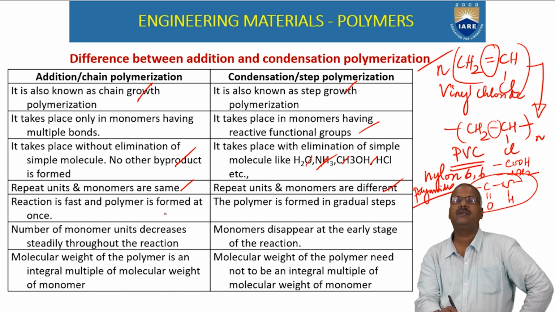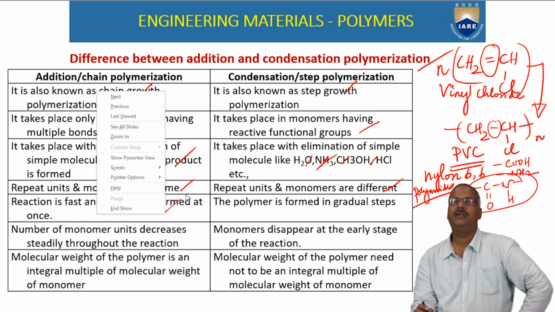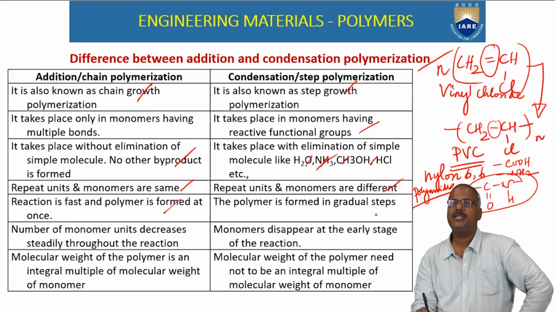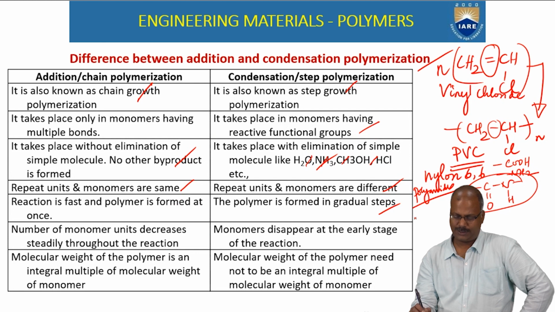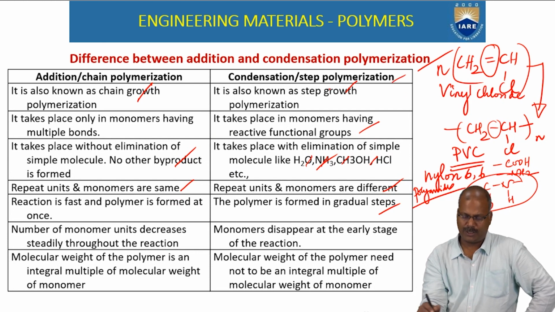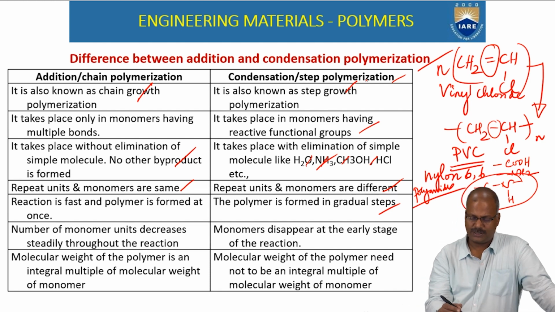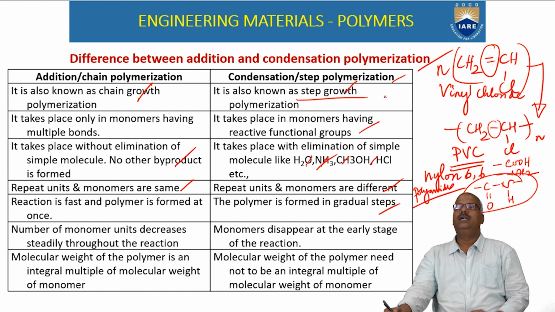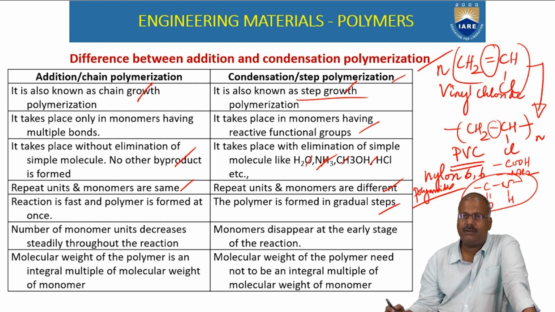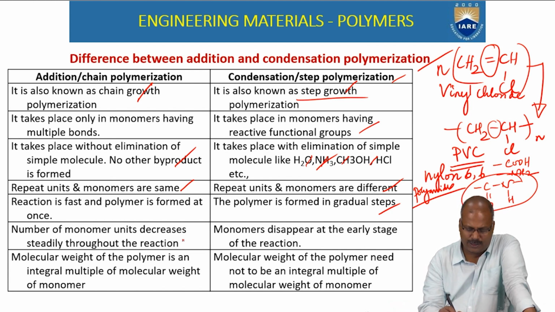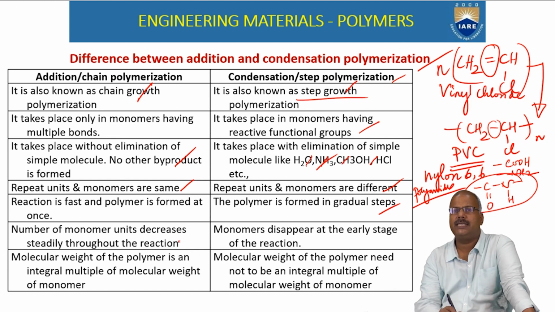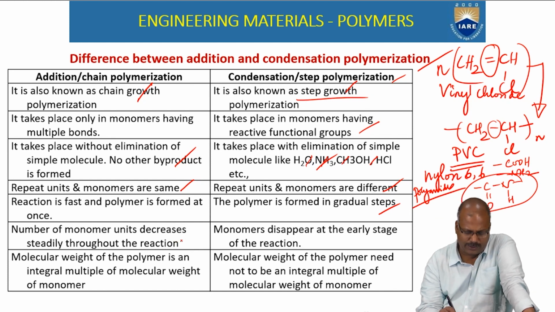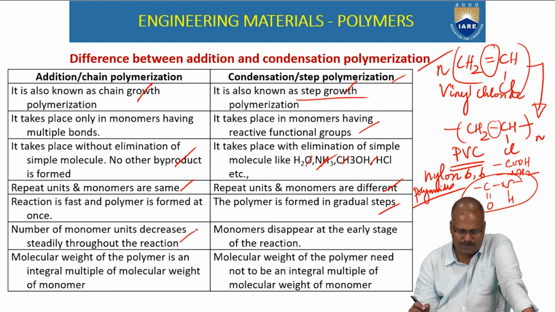Reaction is fast and polymer is formed at once in addition. Polymer is formed in gradual steps in condensation, because it is also called step growth. This is chain polymerization. This is step polymerization. It grew in gradual steps. The number of monomer units decreases steadily throughout the reaction in addition polymerization.